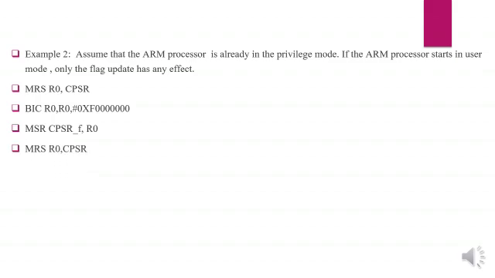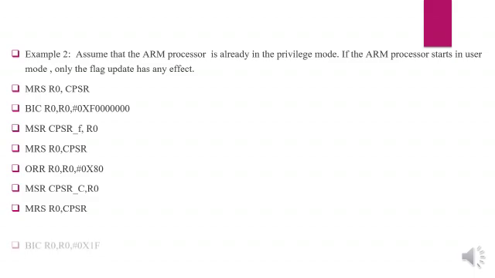Next MRS R0, CPSR, read the CPSR. Next ORR R0, R0, #0x80 sets the interrupt disable bit. Next MSR CPSR_c, R0 updates the control bits in the CPSR, and IRQ is now disabled. Next MRS R0, CPSR, read the CPSR.